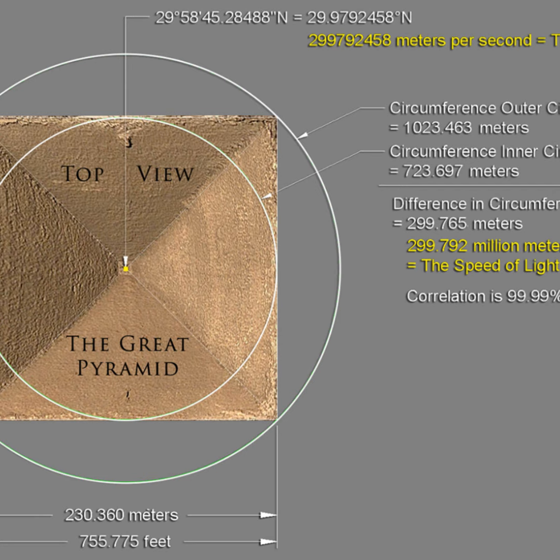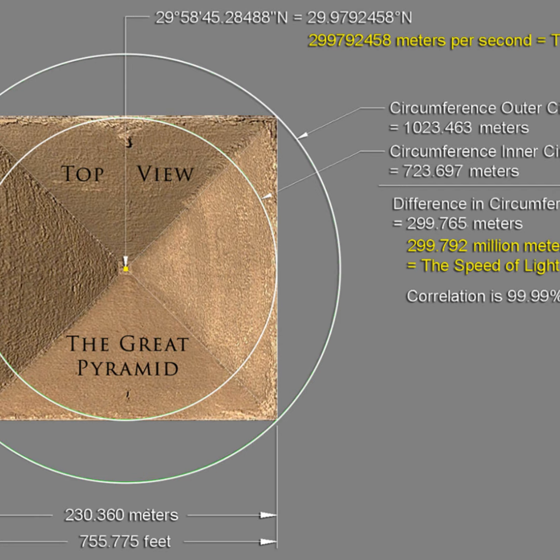Yeah, so if we look at the Great Pyramid from above and analyze its floor plan, or site plan, what we're going to do is inscribe a circle inside of that square and also circumscribe a circle outside of the square.